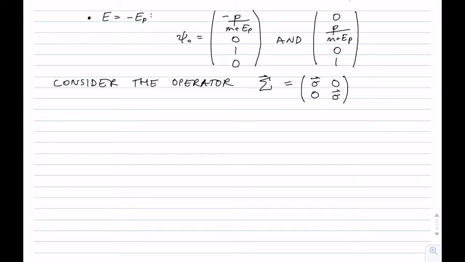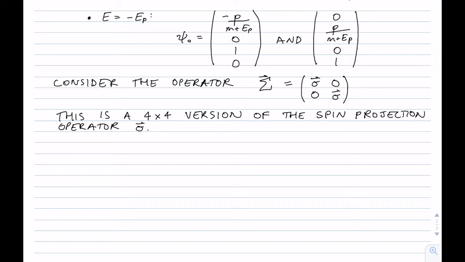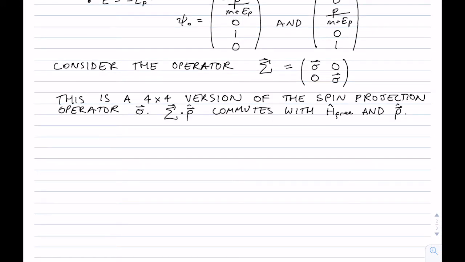It's a 4x4 matrix, which I represent as a 2x2 matrix. So this is a 4x4 version of the spin projection operator sigma. You can show that for the free particle Hamiltonian that we've been using, sigma dot p commutes with it, and it also commutes with p itself.